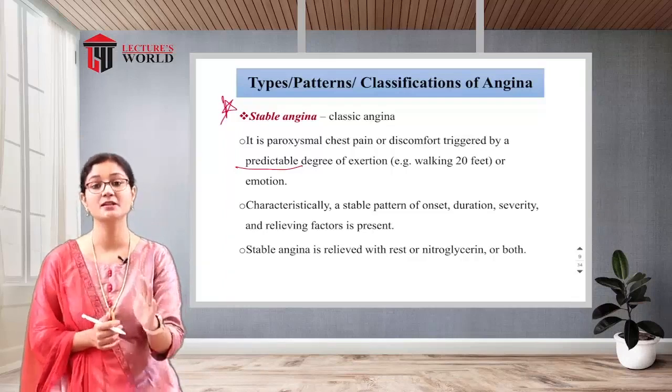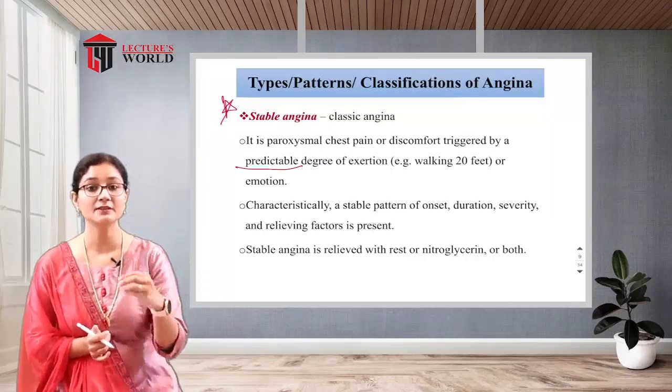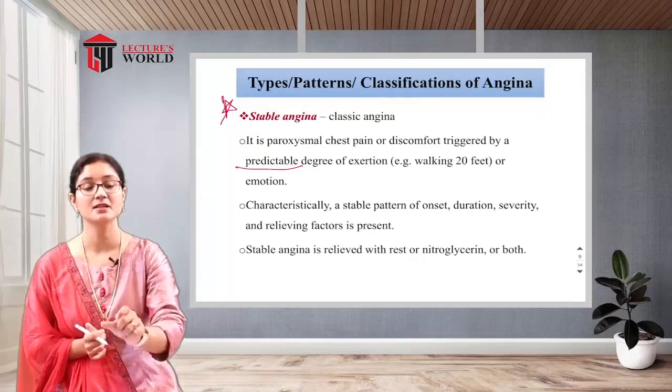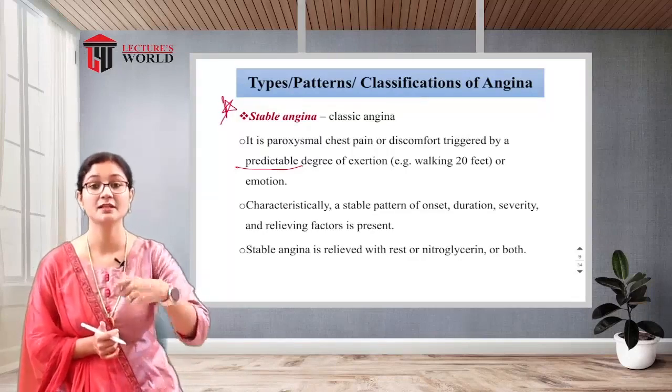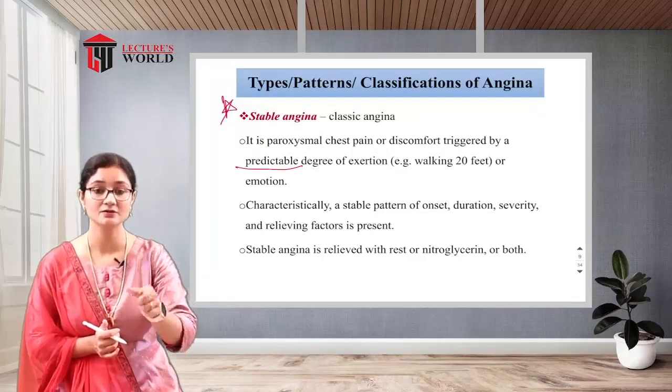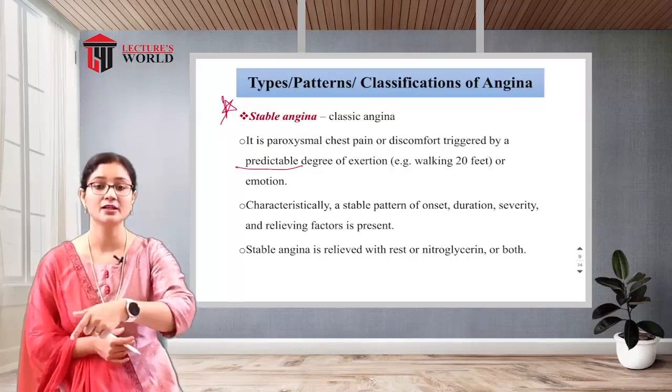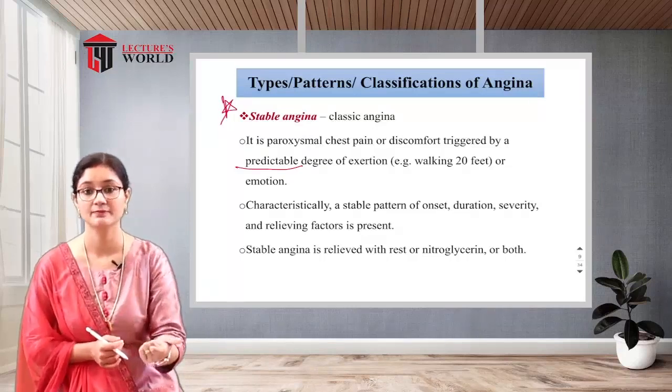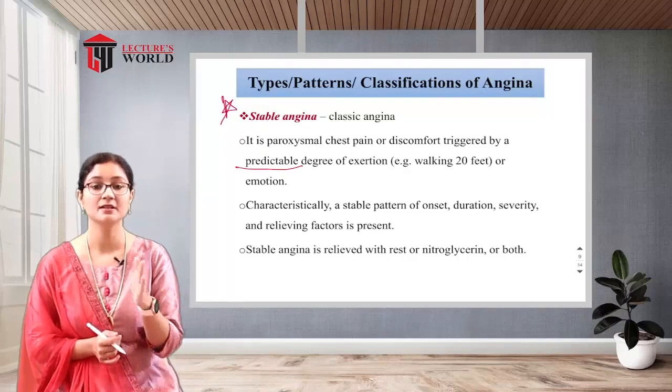That is called predictable. If I tell him to do a treadmill for 15 minutes, he can develop it.